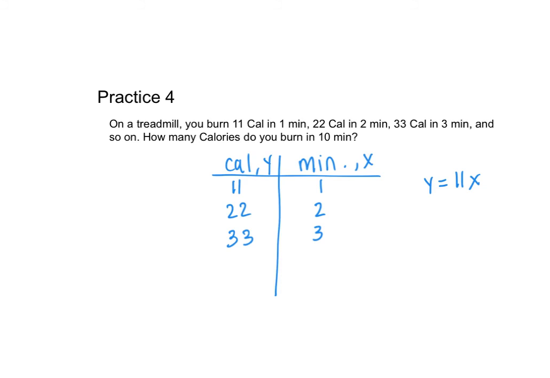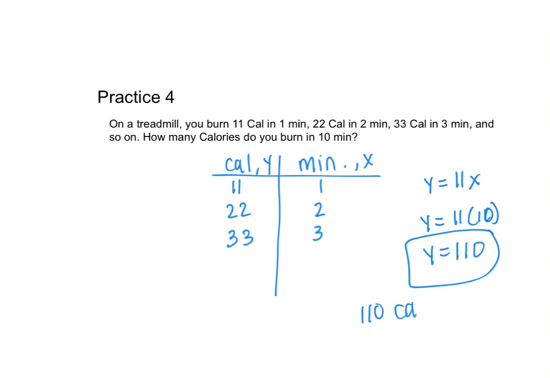So if we put in 10 minutes of burning calories, y would be equal to 11 times 10. And in this case, it would be y equals 110. So 110 calories is our final answer. All right.